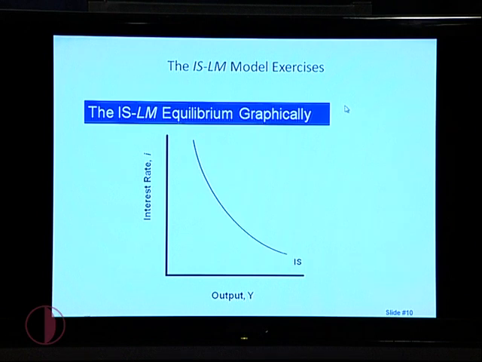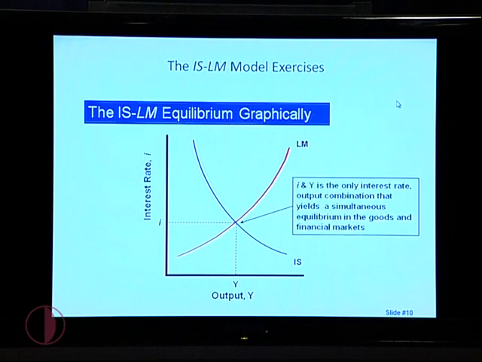Graphically, this is where IS equals LM and the level of interest is at a certain level. I and Y is the only interest rate and aggregate output combination that yields a simultaneous equilibrium in the goods and financial markets.